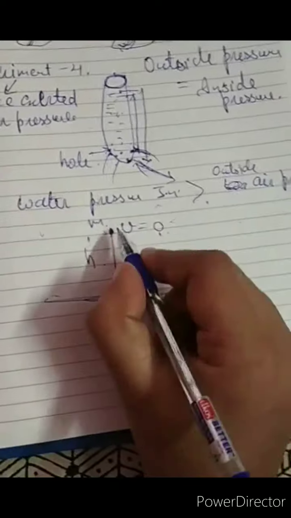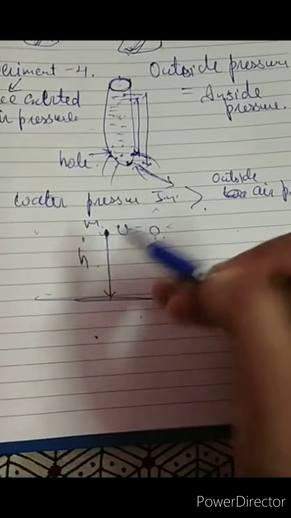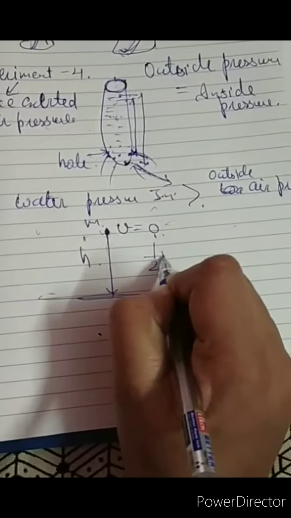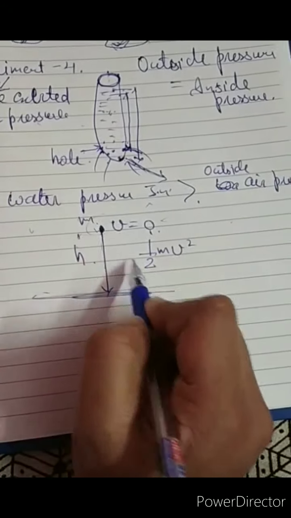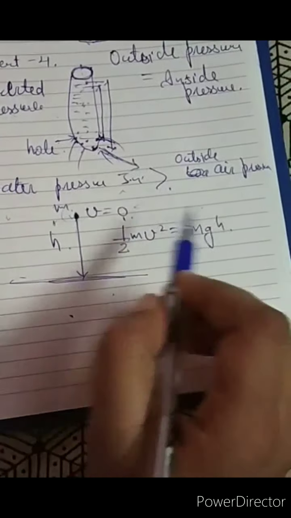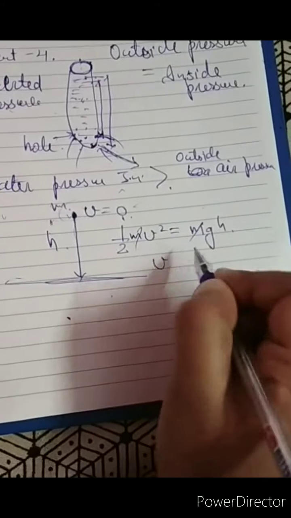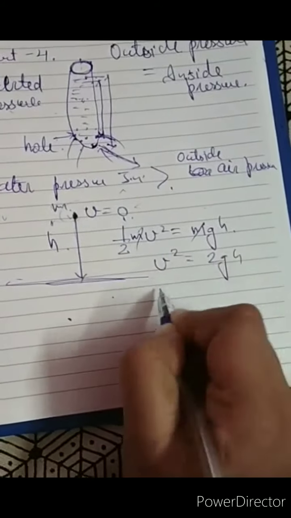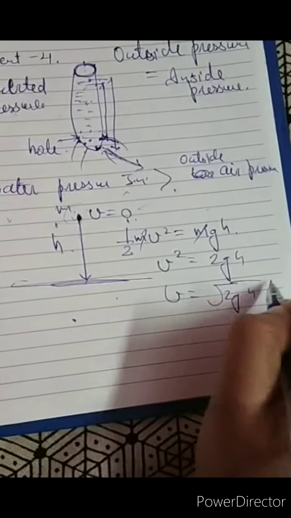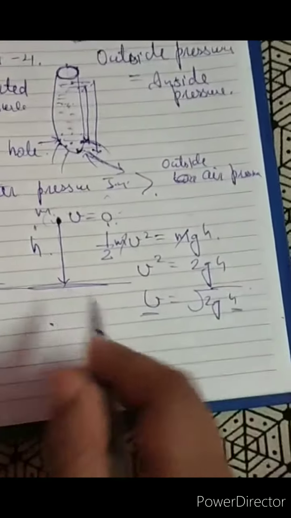If you apply the law of conservation of energy, the kinetic energy is converted to potential energy, half m v squared equals m g h. The m cancels, so v squared equals 2gh, or v equals the square root of 2gh. Correct? So we see that v depends on the height.